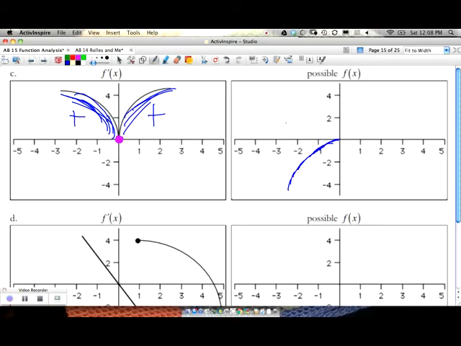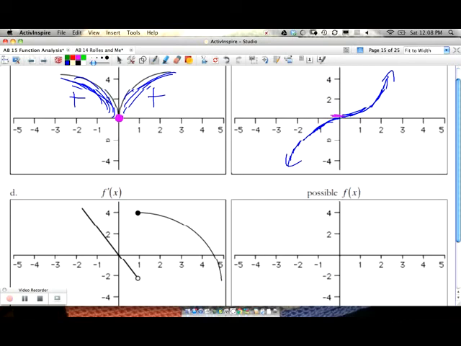But at x equals 0, I'll hit a 0 slope. So I flatten out at 0. But then I just jump back up again, and I'm increasing again. So that's kind of interesting there too. We have a point of inflection.